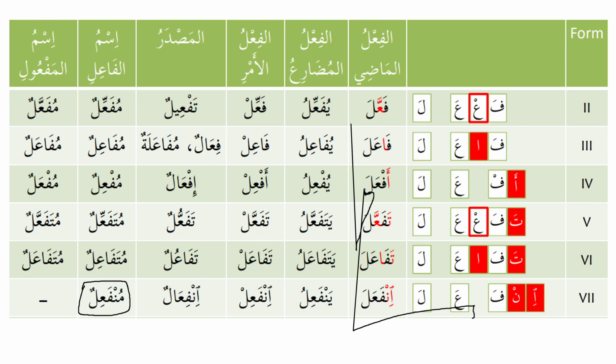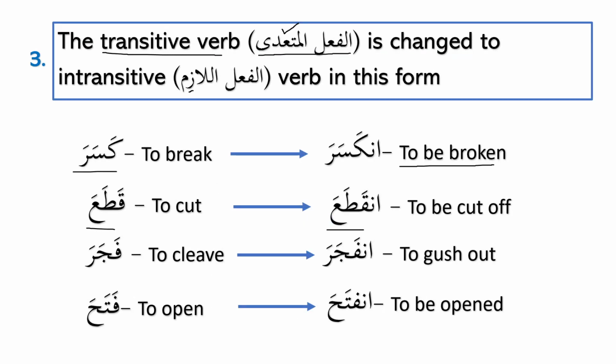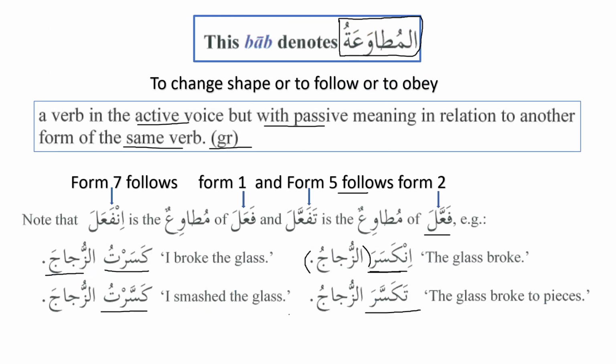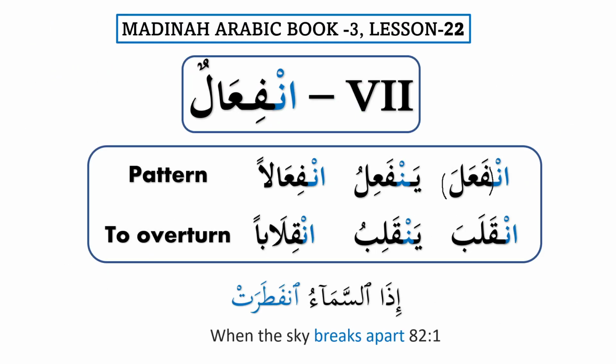Since you have seen all of it, there is a very important point that we need to mention over here. إذا السماء انفطرت, when the sky breaks apart. Here we need to know that the sky does not break apart by itself. It is news that we receive from the Quran.